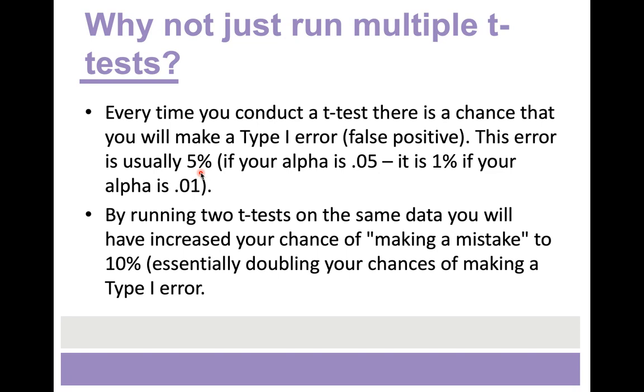So that's really why we have the ANOVA. If this error rate didn't matter, if it wasn't a concern, we would just run a bunch of t-tests. We would never need the ANOVA. But we need the ANOVA because the ANOVA is a single test that we can run. So it keeps our error rate right where we want it at alpha, and it does not inflate our error rate by forcing us to run multiple t-tests.